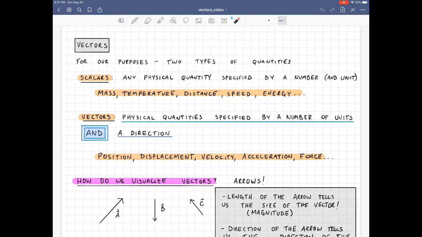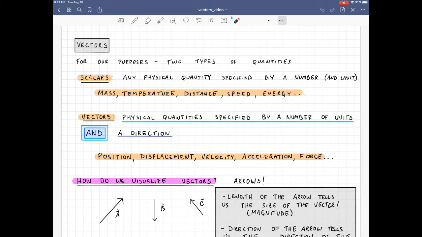To go along with scalars, we have another type of quantity, and these are vectors. Vectors are physical quantities that are specified not only by a number of units, but also a direction. This is a really critical distinction. Scalars are essentially a number of units.